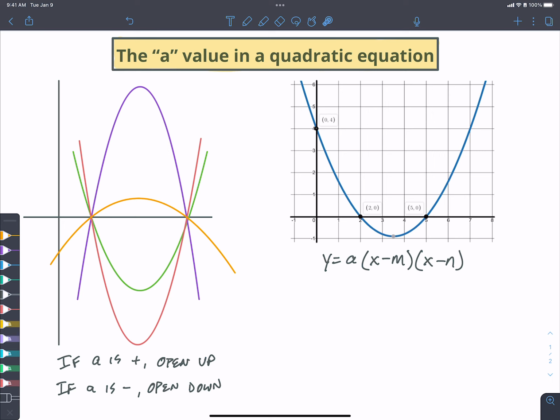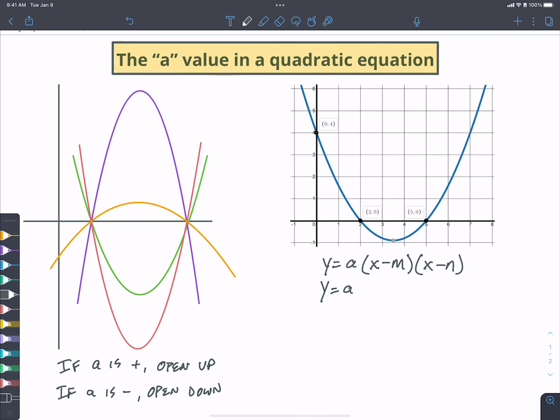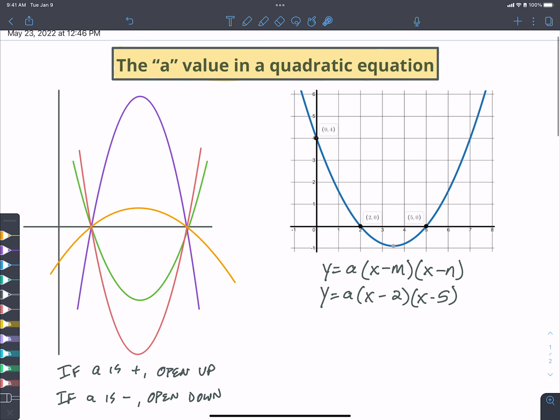In this case, I see that I've got a positive 2 and a positive 5, so y equals a times (x minus 2) times (x minus 5), because these values are going to be opposite of what's shown right here.